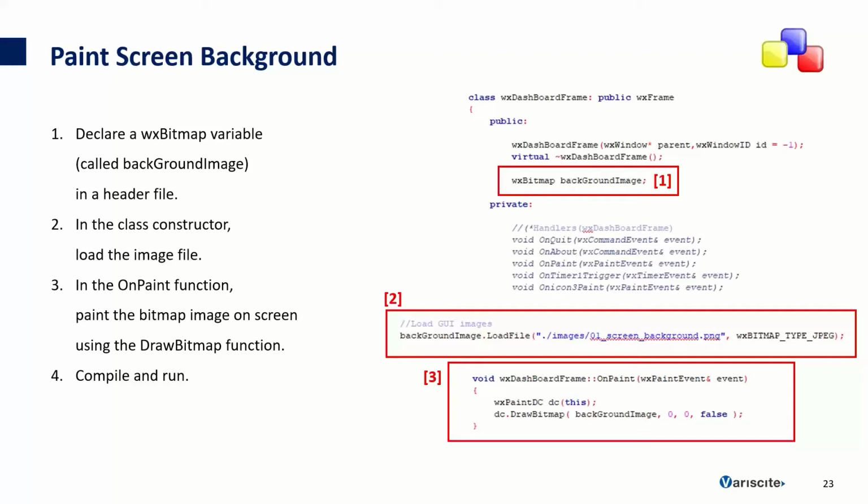In this case, we have the screen background PNG that is one of our graphical assets. So we are creating a dedicated on-paint event that will render this background image, that in our implementation is one of the public members of the class.